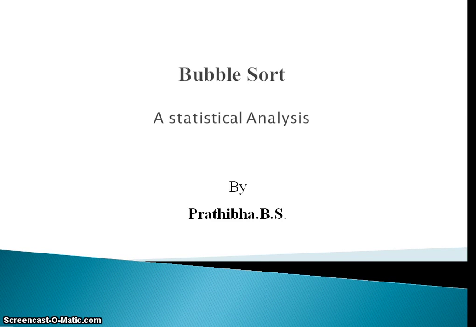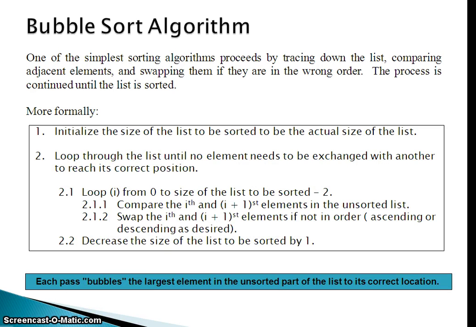I would like to explain one of the sorting techniques called bubble sort, which is very easy and simple to learn. So in the bubble sort technique, we compare two adjacent elements, and if we are sorting in ascending order, we check if the first element is larger than the next element or not.